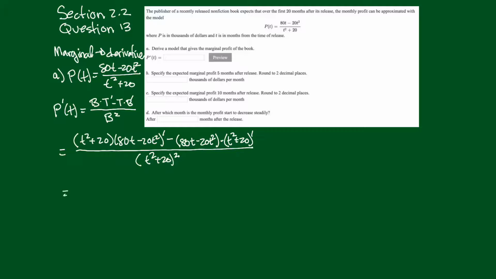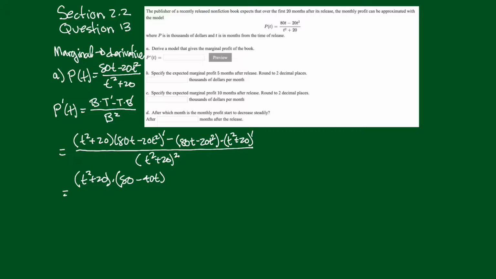Let's actually take these derivatives now. It's going to be the bottom, t squared plus 20, times the derivative of the top. Right in here, what's that derivative? Well, from here we get 80, and from here we get negative 2 times negative 20, which is negative 40t, right? So we get 80 minus 40t.